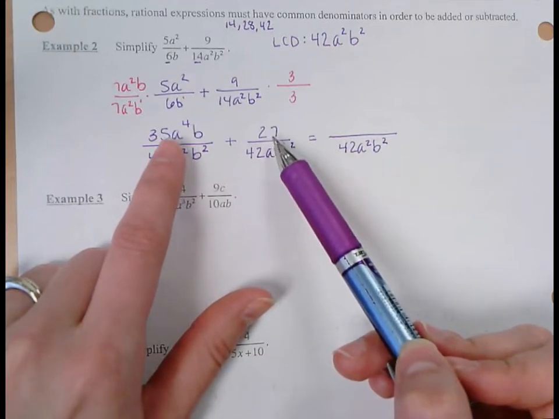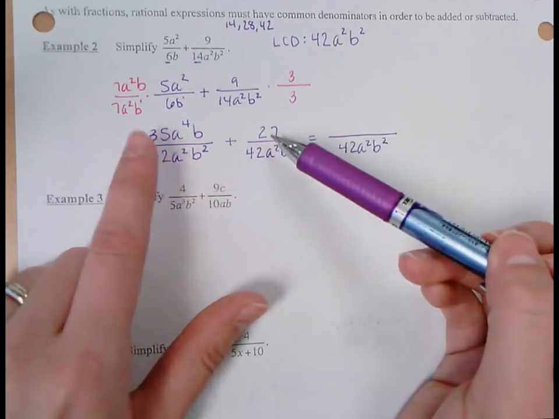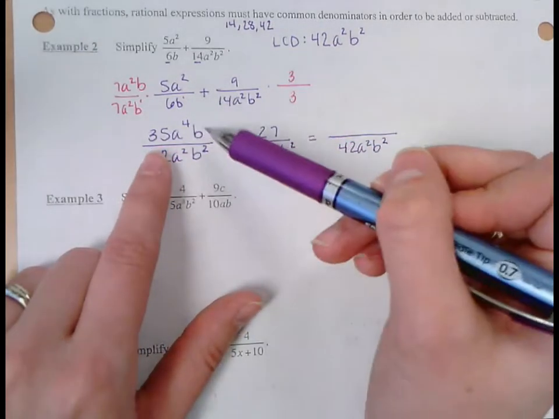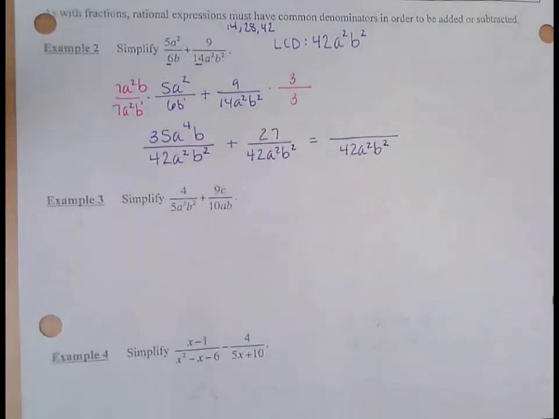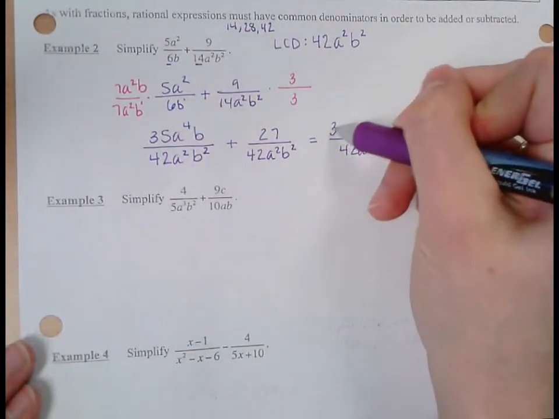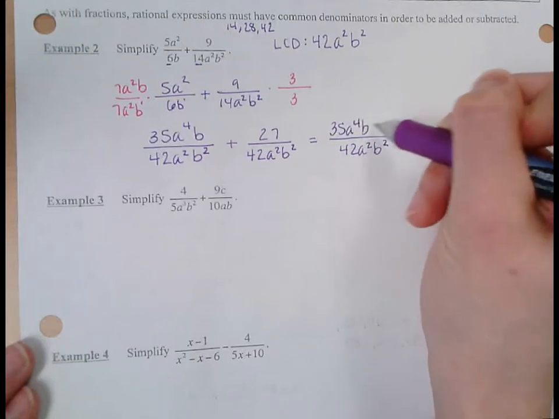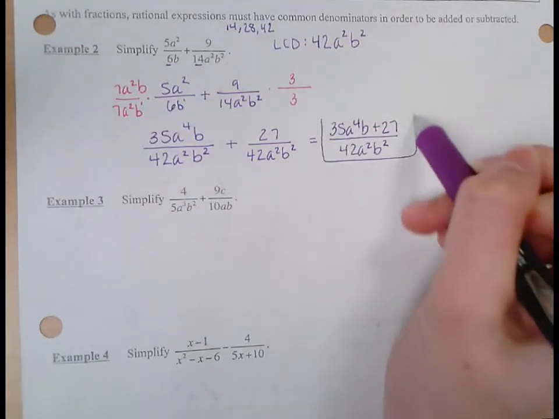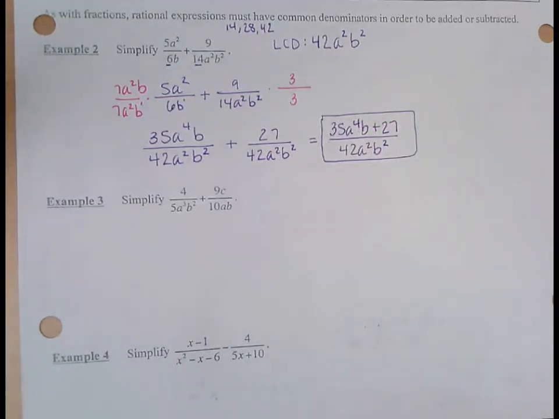They do not both have the same variables with the same exponents, meaning you cannot add the 35 and the 27 together. So your numerator will stay these two terms separated: 35 a to the 4th b plus 27. You're just writing it as one fraction, not as two separate fractions. And this would be your final result. Okay, so make sure you're not actually adding or subtracting terms together unless they're like terms.